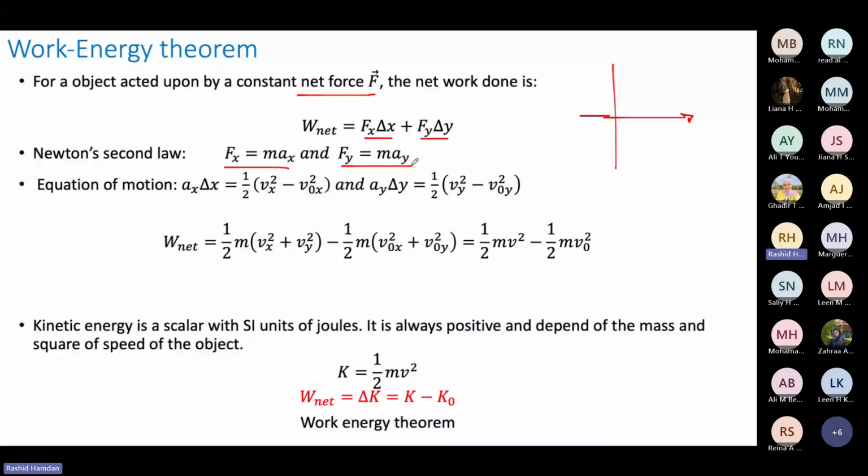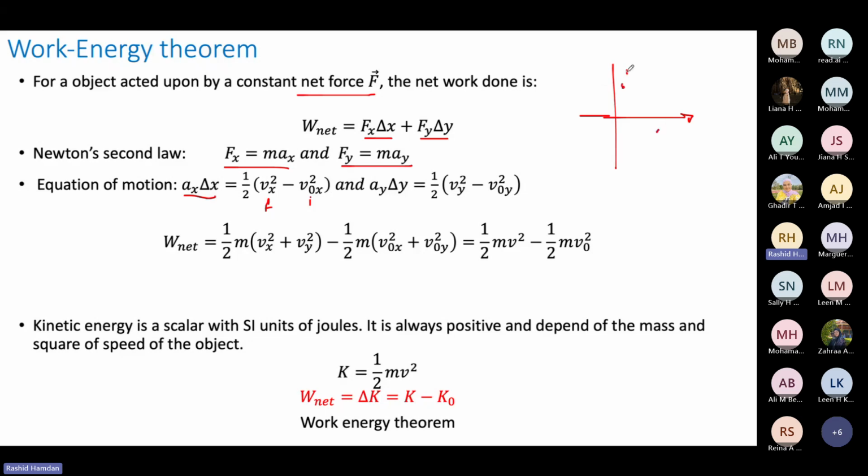Now, I can write the equation of motion for that. The equation of motion relates the acceleration times the displacement to the change in the square of the velocity. So on the x-axis, we have ax delta x equal to half (vx squared minus v0x squared). So this is initial, if you want, and this is final. Remember, the work is an interval quantity. I'm always taking the initial position and the final position.